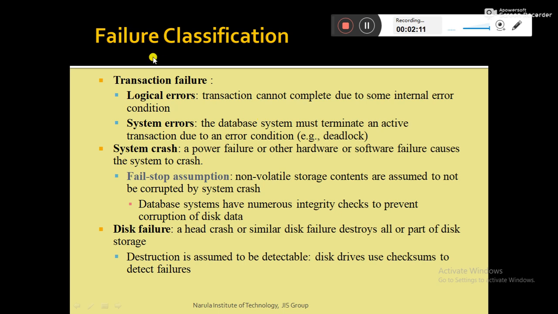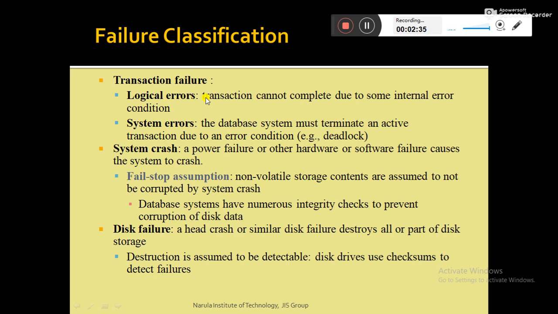The first failure is transaction failure, meaning the transaction fails due to the transaction itself. One category under this failure is the logical error, meaning the transaction is not able to complete its normal execution because there is some internal error in the code or program of the transaction.